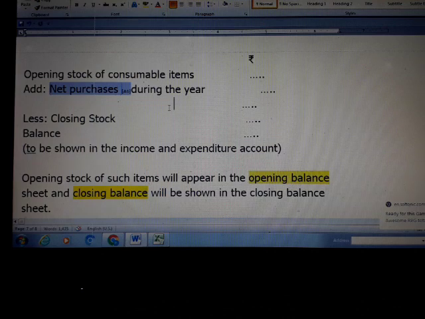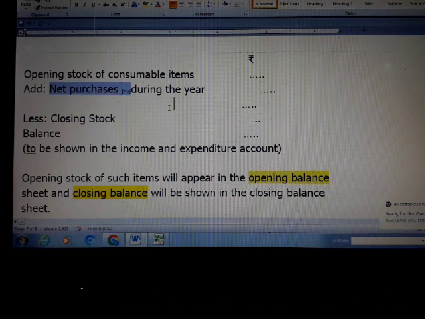From the opening stock, if you add the total net purchases, which includes cash and credit, you will get one value. From that value, you need to subtract your closing stock. Once you subtract the closing stock, you will get the balance which you have to show in the income and expenditure account. Which side will you show this balance? You will show it on the debit side, no doubt about it.